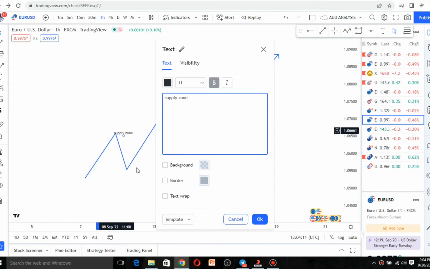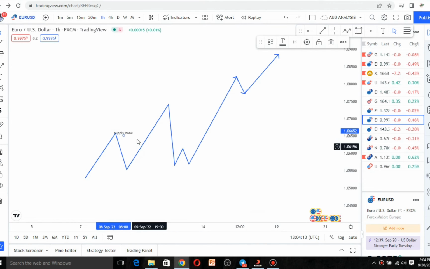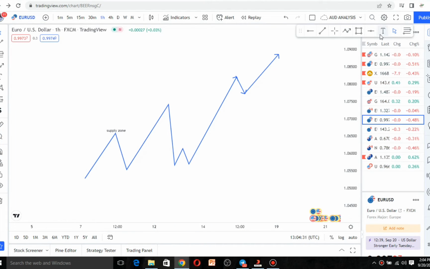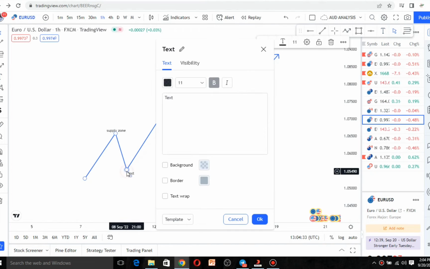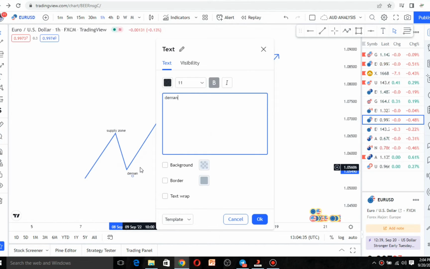I'm going to make this video as short as possible so that you can watch through and have great knowledge. Don't skip this video, because at the end you are going to get a lot of value. So we have a supply zone here, and we also have a demand zone at this level.